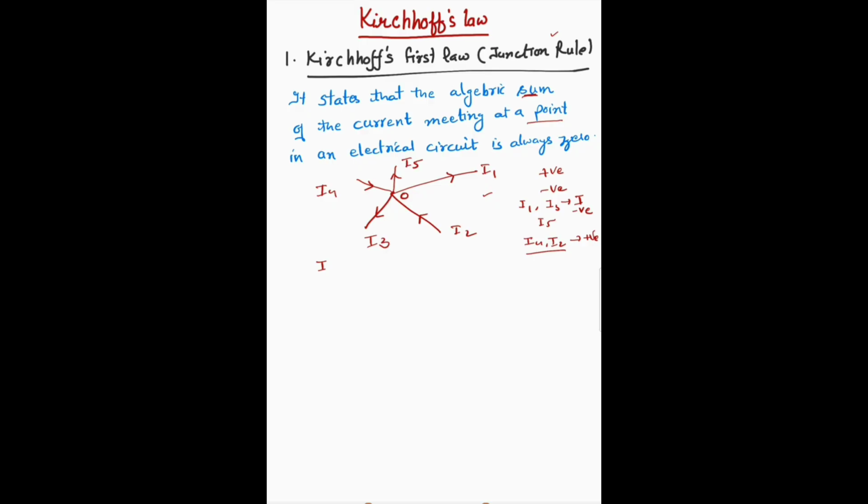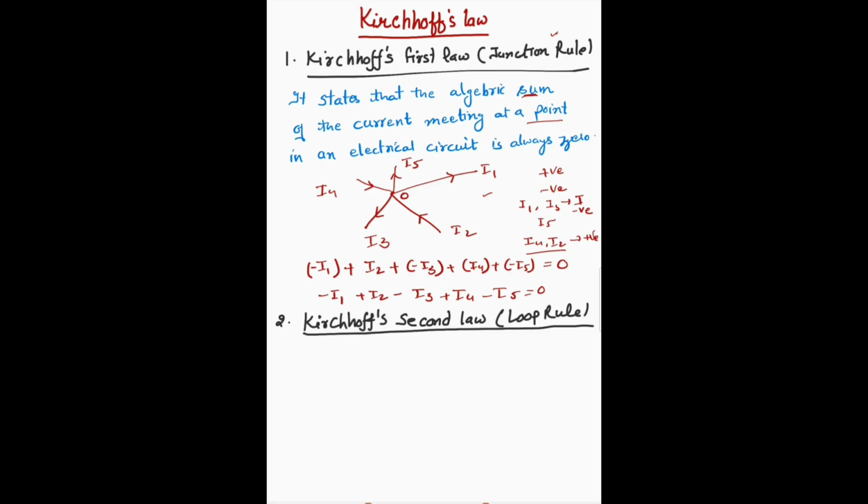So it means negative I1 plus I2 minus I3 plus I4 minus I5 is equal to 0. So this is our junction rule.